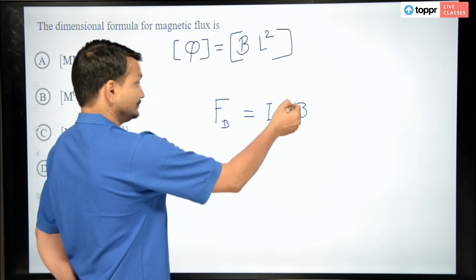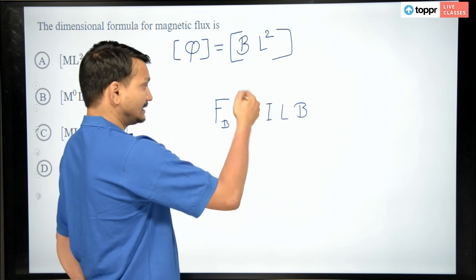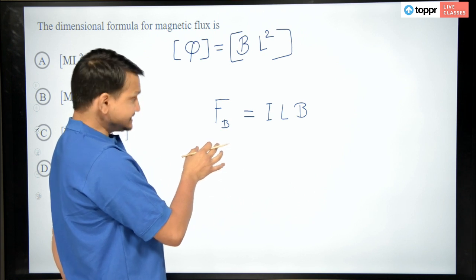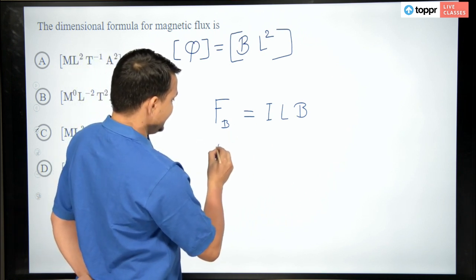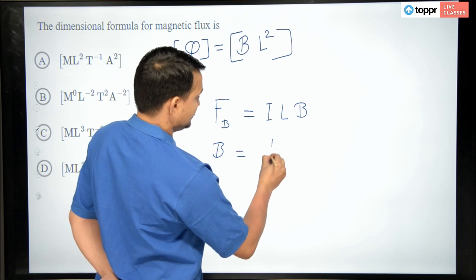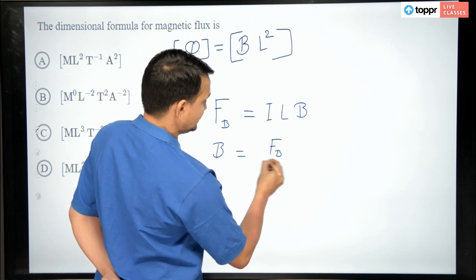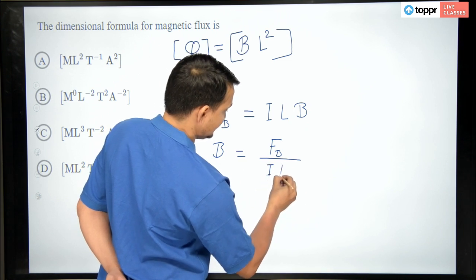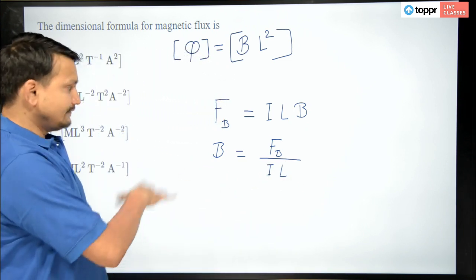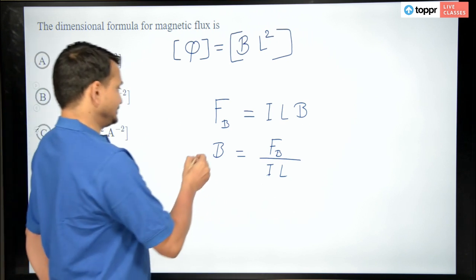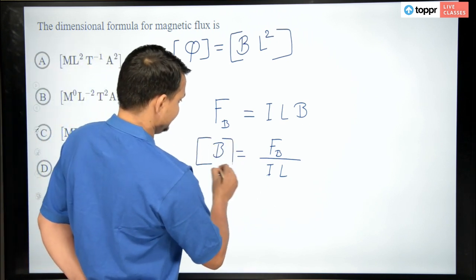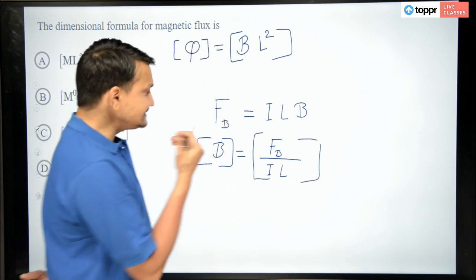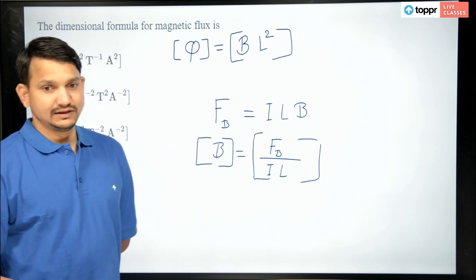So if we write it in a different way, taking I L to the denominator on this side, we would be getting B equals magnetic force divided by I L. So if we write the dimensional equation, what is the dimension of force?